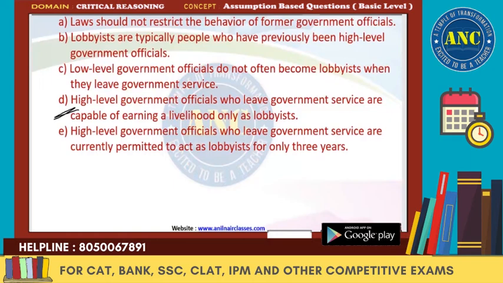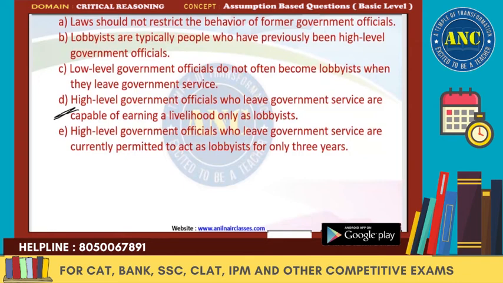Option C, low-level government officials do not often become lobbyists when they leave government service. Again, the official's argument does not depend upon this assumption because the argument would not be invalidated if former low-level government officials did not often become lobbyists. Option E, high-level government officials who leave government service are currently permitted to act as lobbyists for only 3 years.